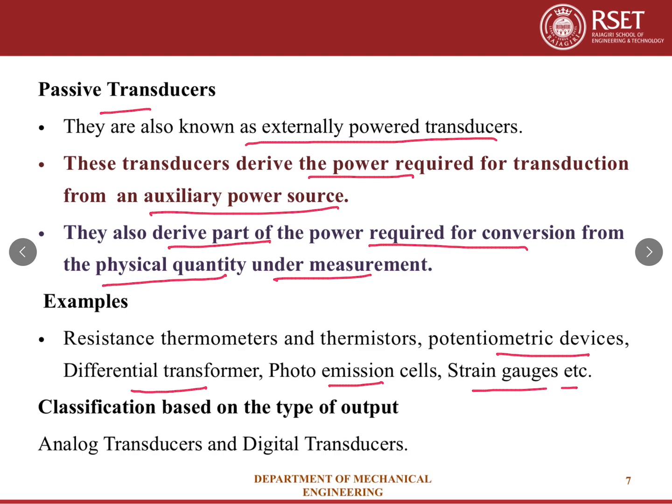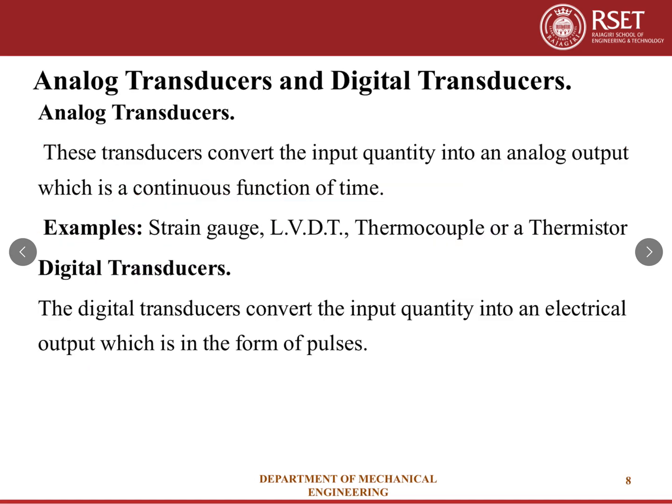The next classification we are going to discuss is analog transducers and digital transducers. Analog transducers convert the input quantity into an analog output, which is a continuous function of time.